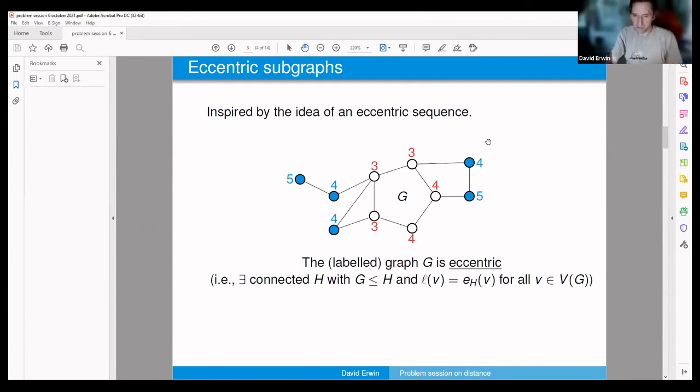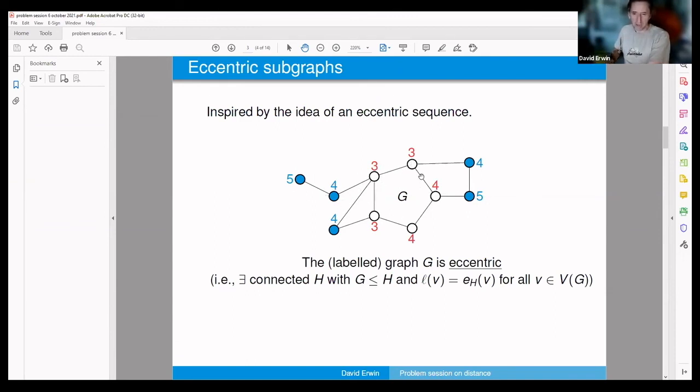If you look at this, I've added some additional vertices. Notice that G, the original graph, is an induced subgraph of this graph. Now if you look at each of these vertices, let's look at this one and ask what its eccentricity is. It's distance 2 away from there, 2 away from there, and 3 away from there.